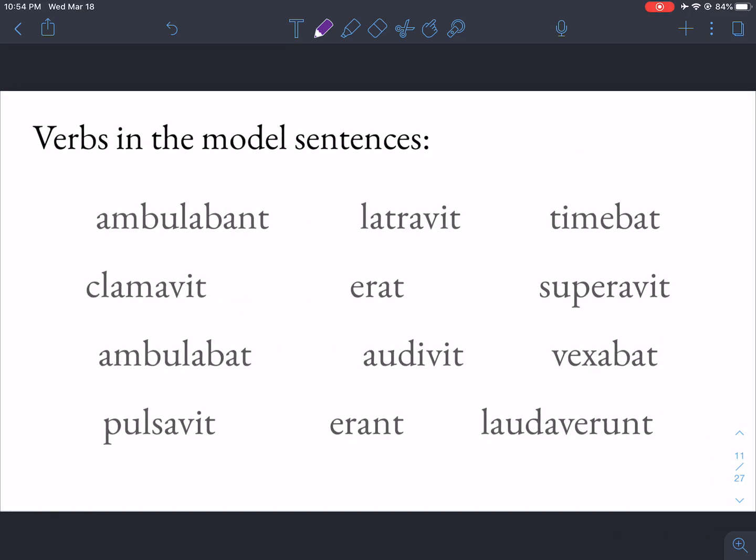And I've taken the liberty of typing them all out, isolating them on a slide for you to look at. Okay, so please look at these different forms and please repeat them after me.